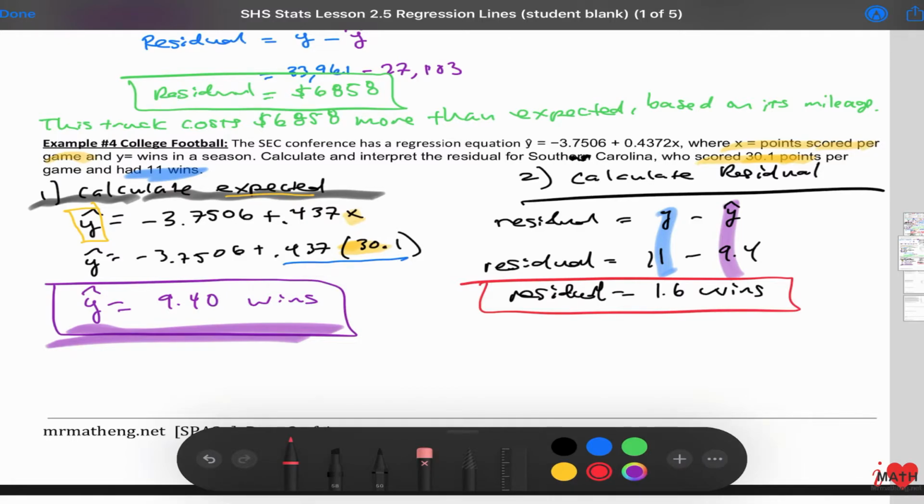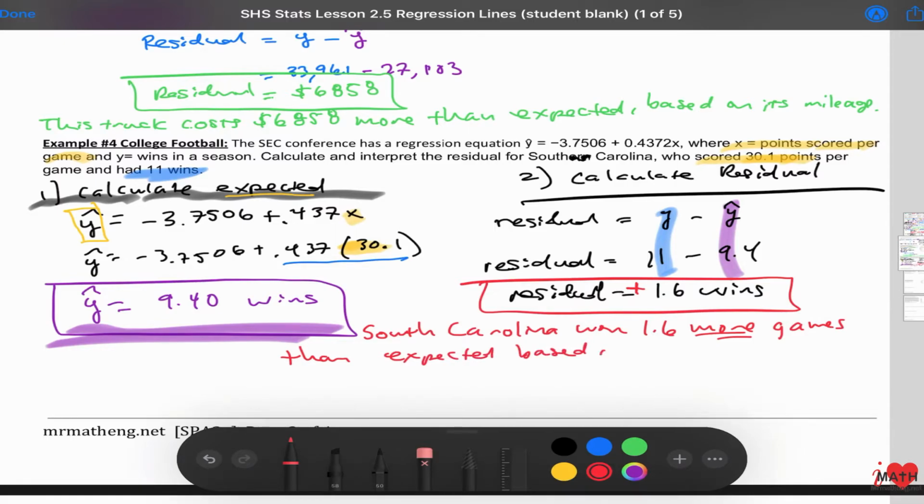Because it is positive, I'm just going to make this obvious, is that above or below? That is above. South Carolina won 1.6 more games than expected based on the number of points they scored per game, right?